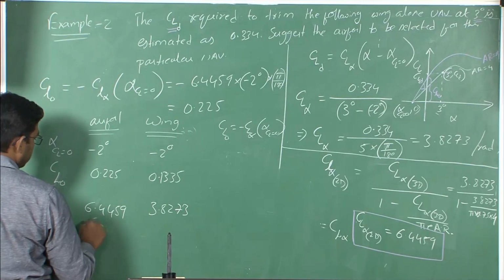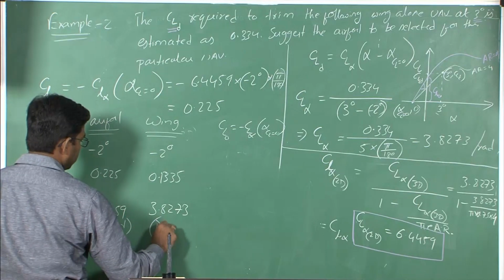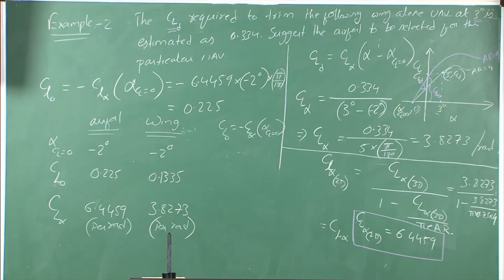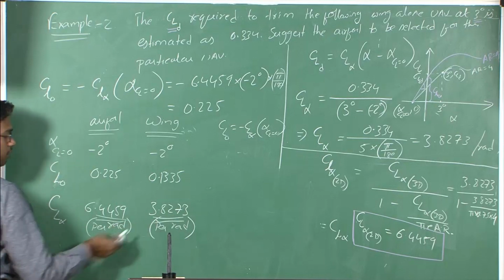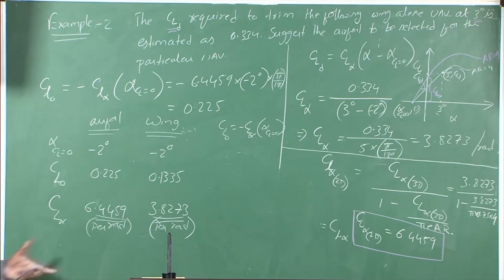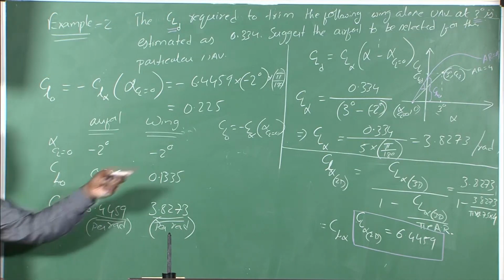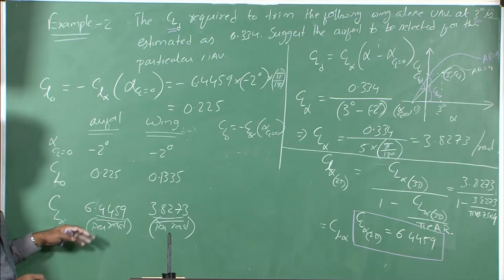See, the lower the aspect ratio, the lower the CL alpha of your wing. You can observe that here. The same airfoil is used to build a wing of lesser aspect ratio. So the aspect ratio is about 4 here, and the CL alpha drastically reduced.